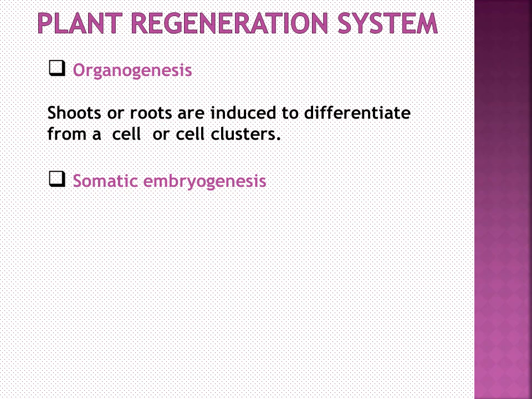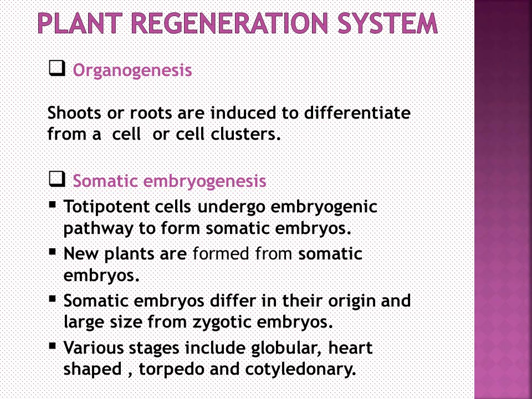Coming to somatic embryogenesis. Totipotent cells undergo embryogenic pathways to form somatic embryos. New plants are formed from somatic embryos and they differ in their origin as well as large size from zygotic embryos. There are various stages of somatic embryogenesis which include globular, heart-shaped, torpedo and cotyledonary.